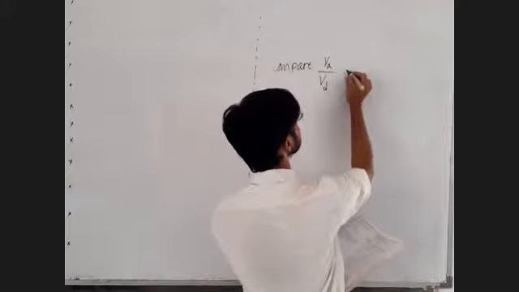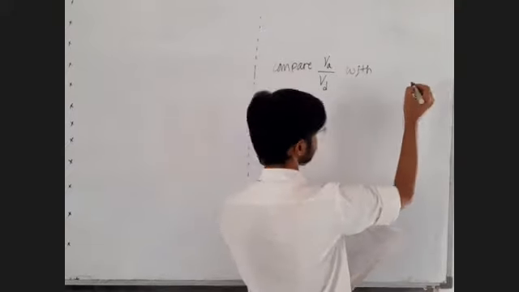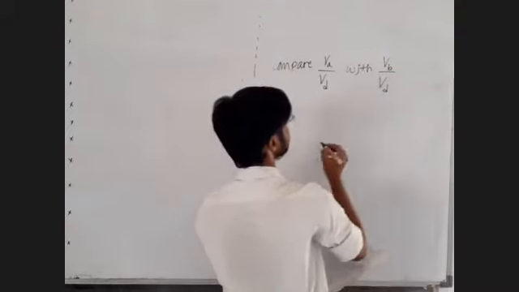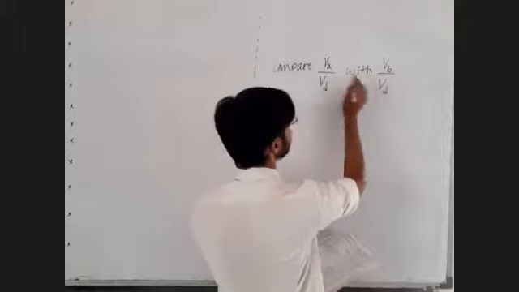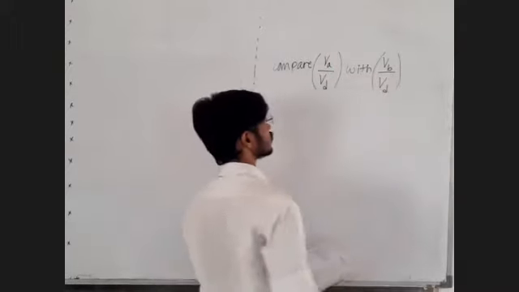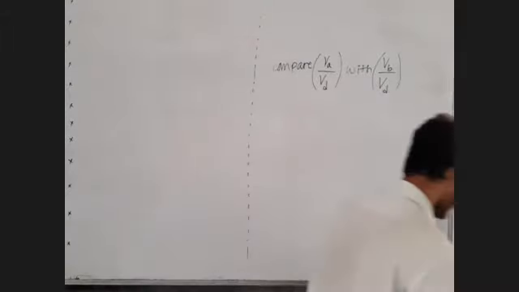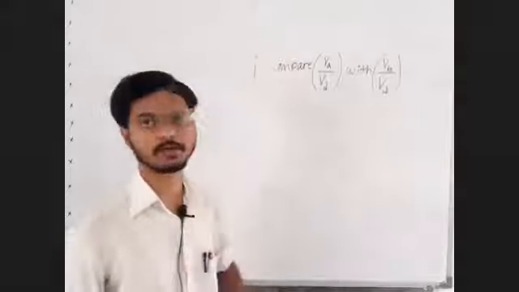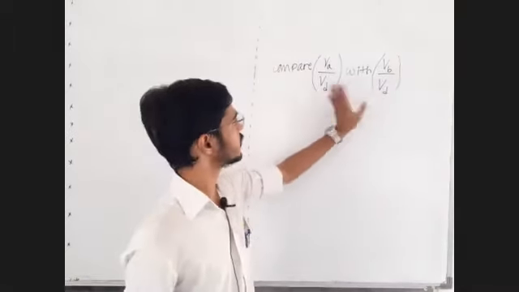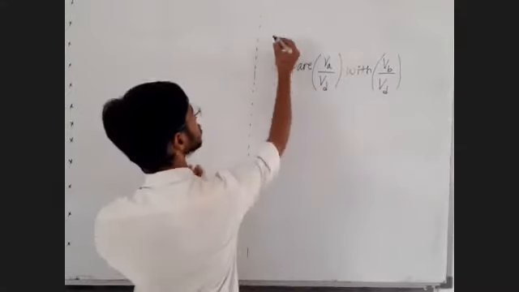Compare this with this VB upon VC. These two ratios are to be compared. First of all, we have to find out this ratio, then we have to find out this ratio, and then we have to compare this value with this value.